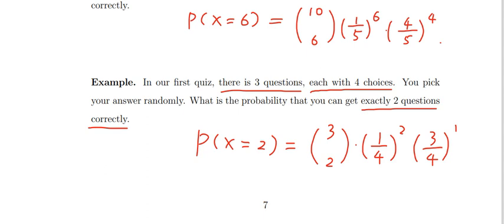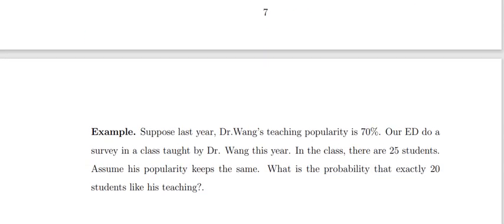So the good thing happens 2 times and the bad thing happens 1 time. For 3 questions, I answer 2 correctly and 1 not correctly. Using the formula, such a problem is easy.